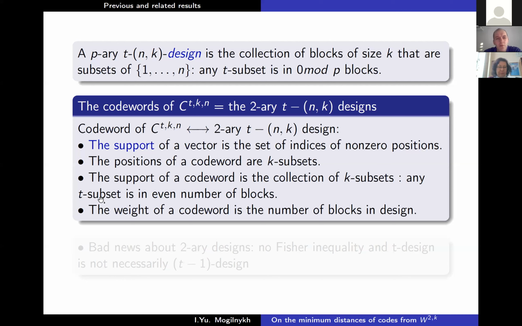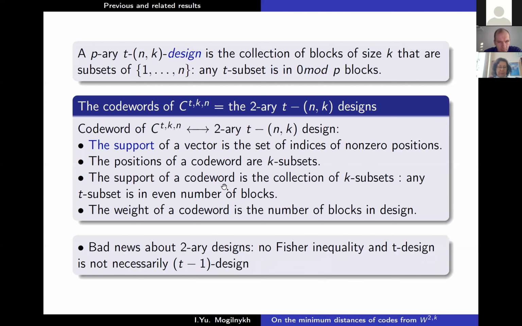And the weight of the codeword coincides with the number of blocks in the design. So our code C_{t,k,n} is the space of binary t-(n,k) designs, but we have some bad news about these designs. We have no Fisher inequality, and also some other properties of designs fail to be true for them.